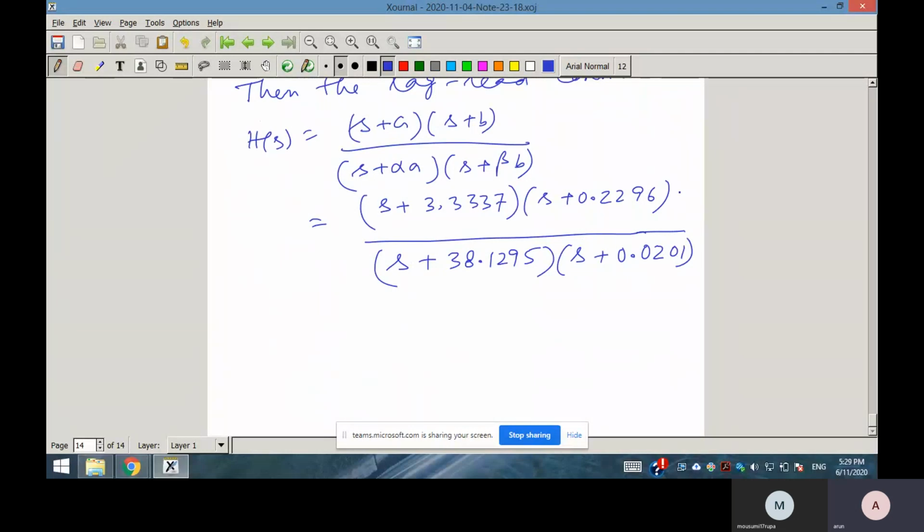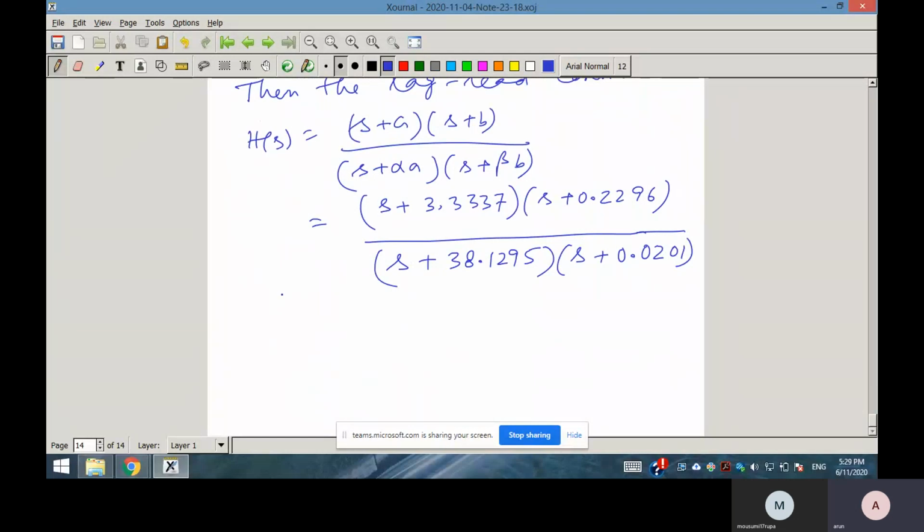So now, how to realize a lag lead controller? That part we will now see. Lag lead controller implementation. I will go to the next page.